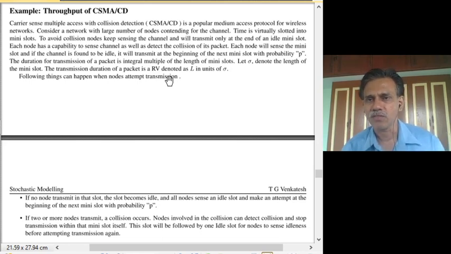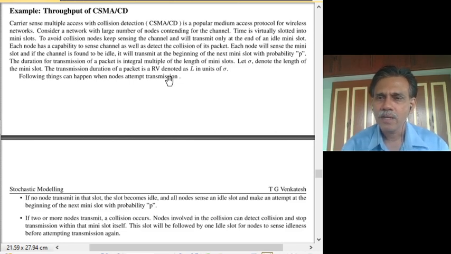So the mini slot is of such a duration that it will be equal to the sensing duration of a node. Then all nodes are synchronized, in the sense that all nodes know when a mini slot starts and when it ends, and there is a coordination that nodes will attempt a new transmission only when a mini slot begins.